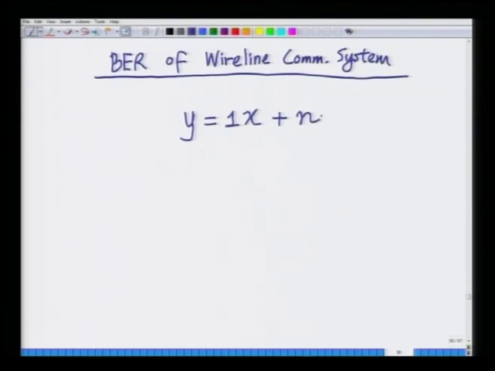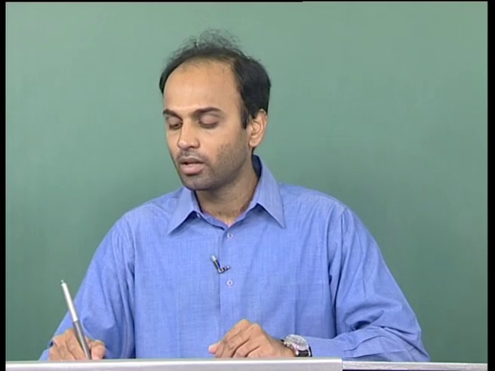So, this can be represented as y equals x plus n. I will write this down clearly over here, y equals x plus n. This is also termed the system model of a communication system. This equation here is specifically the system model of a wireline communication system.